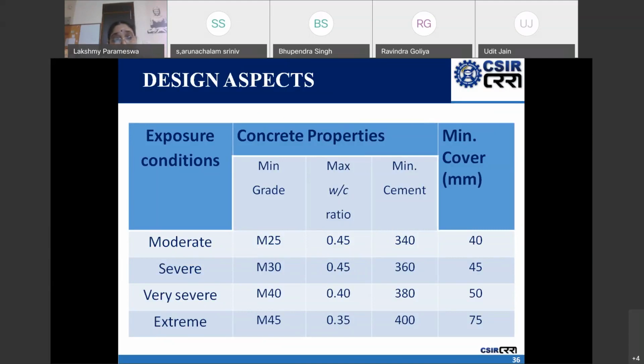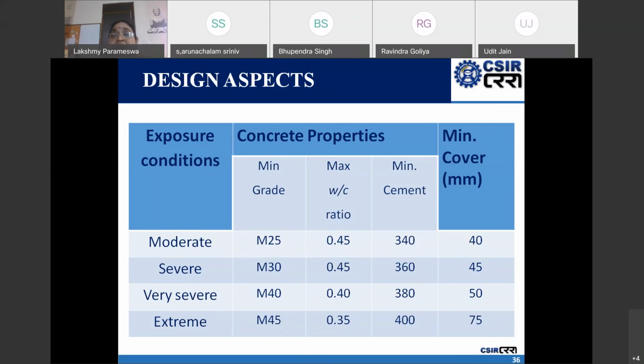Then there is a table given in IRC 112 which gives that depending on the different exposure condition, what should be the grade of the concrete minimum one has to use, then what should be the maximum water cement ratio, because the workability is also important, because we have congestion of reinforcement in many of the members.